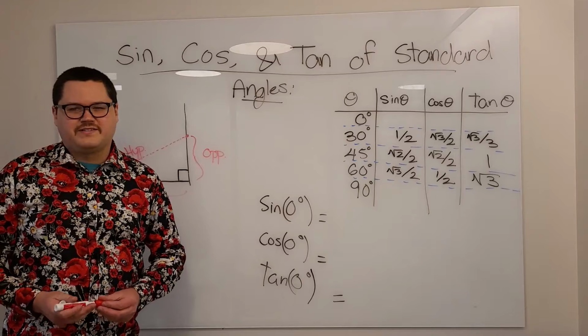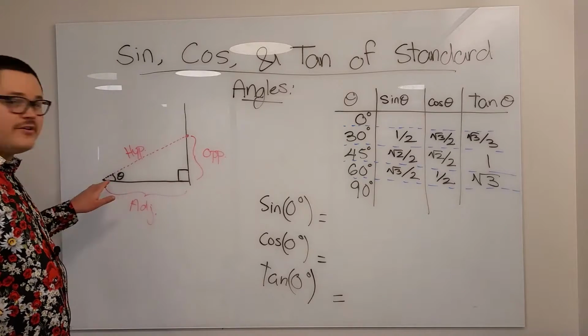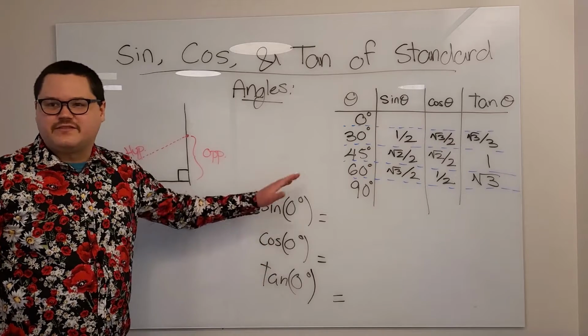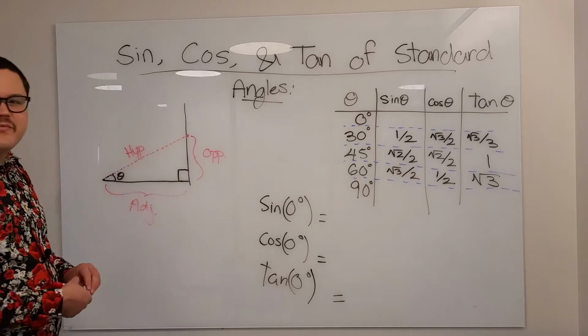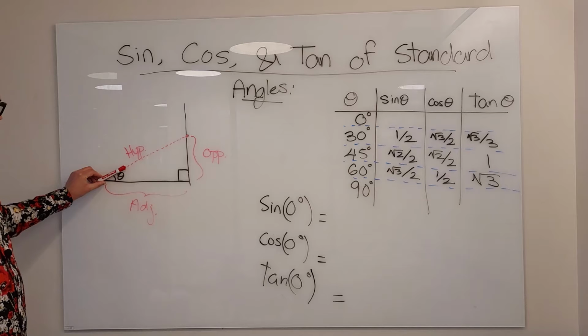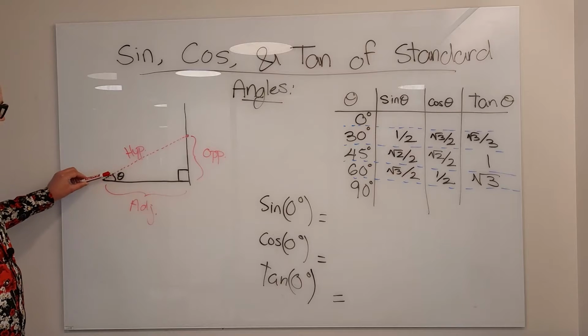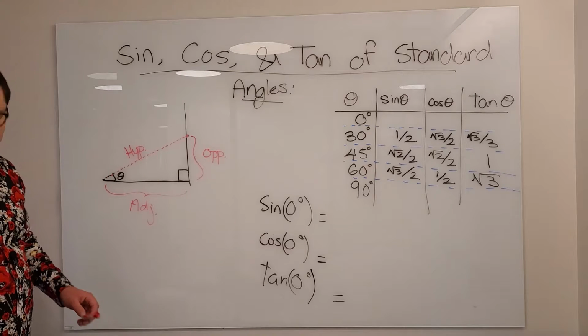Well, we don't want sine, cosine, and tangent of any old angle theta. We want sine, cosine, and tangent of 0. So let's imagine that the laser pointer is moving downward, so that this angle is descending towards 0.